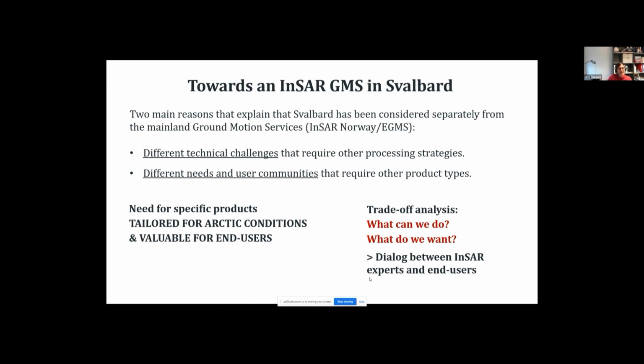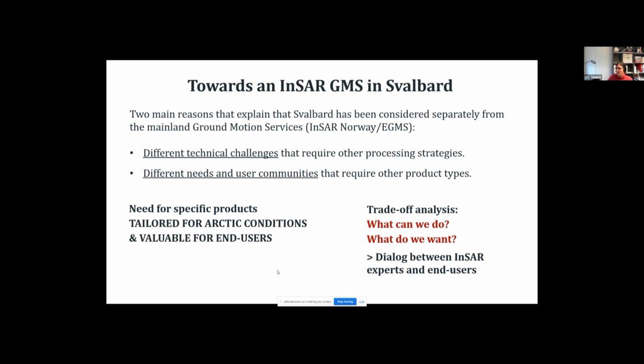And the idea is now that I explain a bit why InSAR Svalbard has not been covered yet by a ground motion service. And there are actually two main reasons for that. One reason is that there are really different technical challenges that require other processing strategies in Arctic environments.